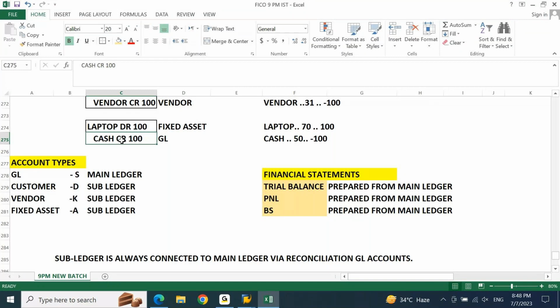Just for easy identification, to avoid any further confusion, I am taking cash everywhere. If you understand why you are debiting and why you are crediting cash, whether it is a P&L account or any balance sheet account, apart from customer, vendor, fixed asset, the same logic that you have used for GL is used 100%, no change.